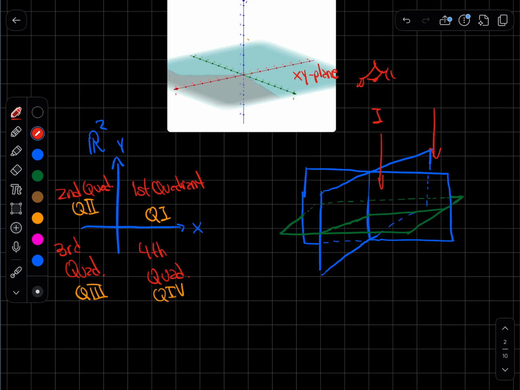This would be the second octant for positive y, right? And this on the back would be the third octant, and this here will be the fourth octant. All with positive z coordinates.